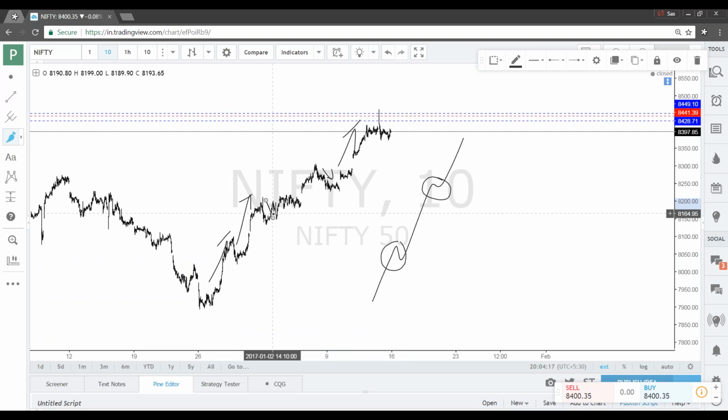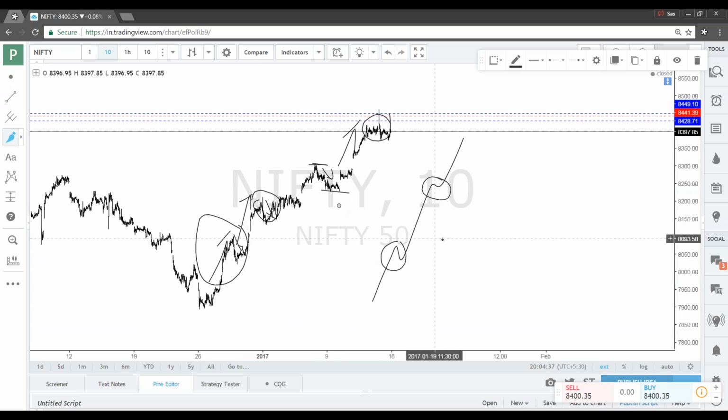You may say it is very easy to say now that the price has moved, but in all these moves I had predicted beforehand that there will be a correction. Maybe this one I was not able to predict, but most of the corrections I was able to predict.